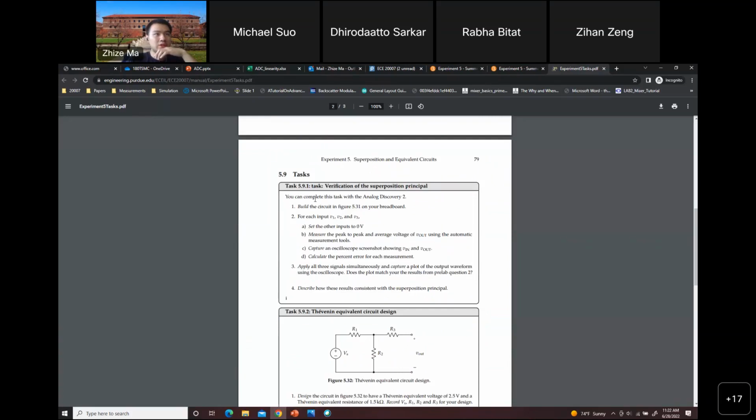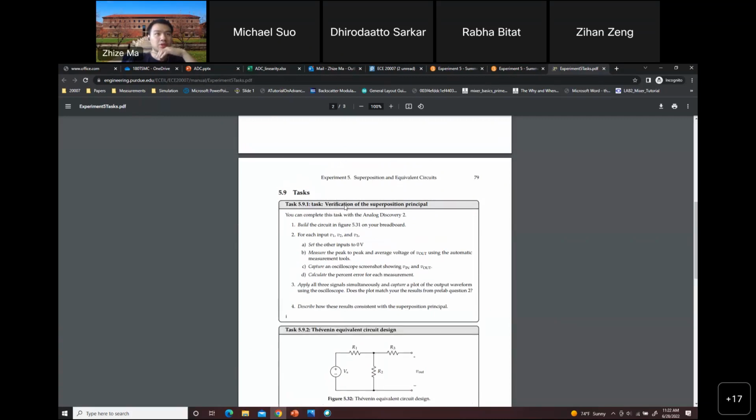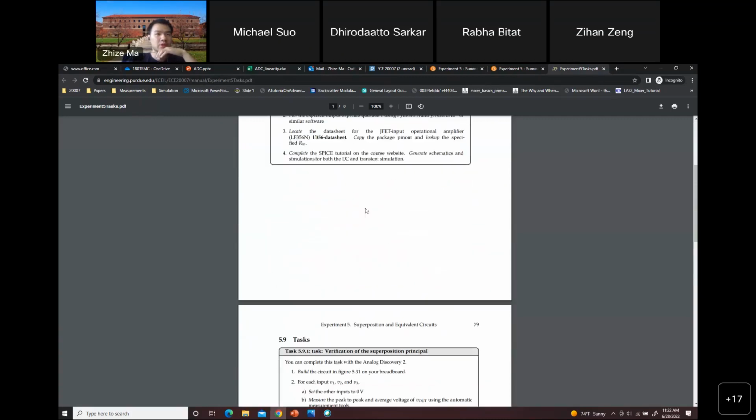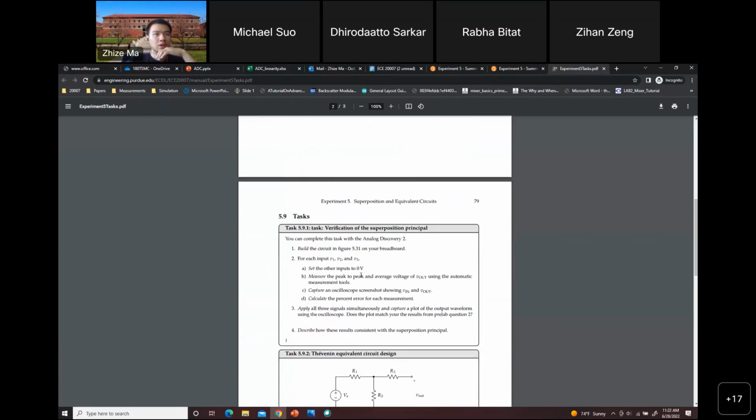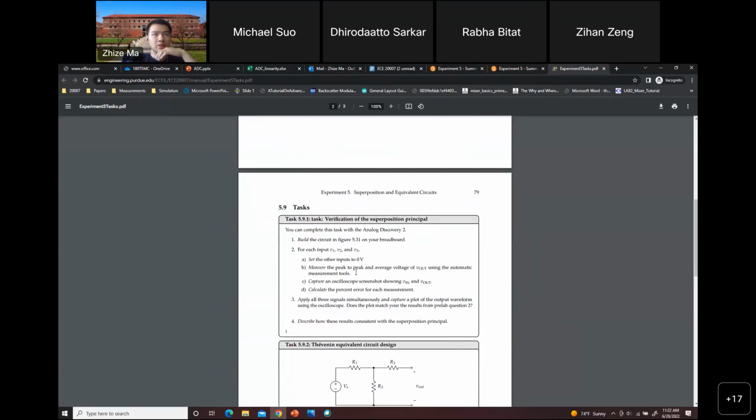Then task 1. Basically in task 1, you build the circuit from the pre-lab on the breadboard, similar to the calculation process. You should have at least 4 screenshots. Three of them are for each individual input: a screenshot for V1, a screenshot for V2, and a screenshot for V3.